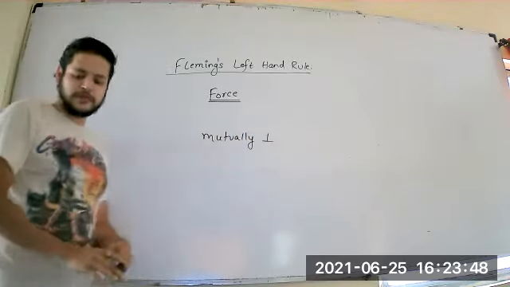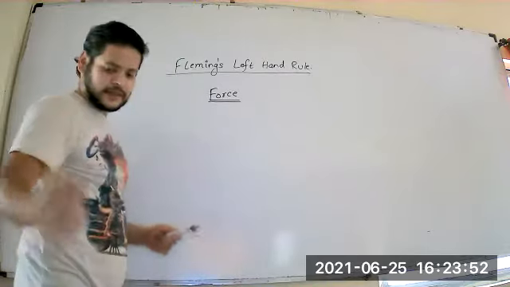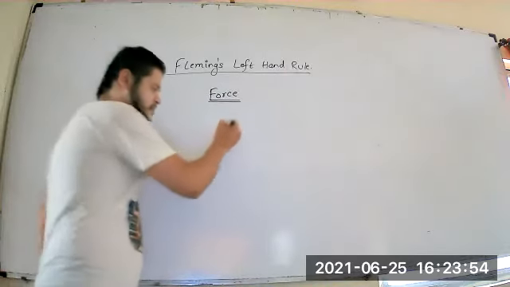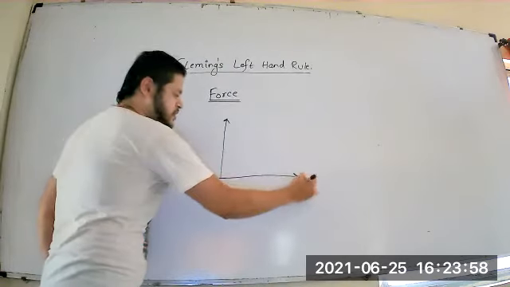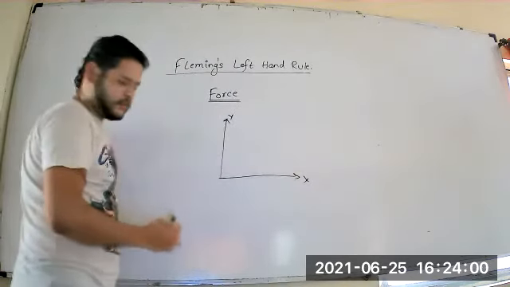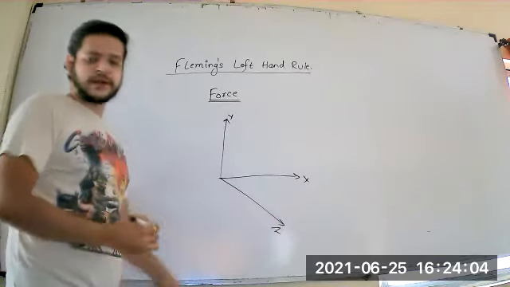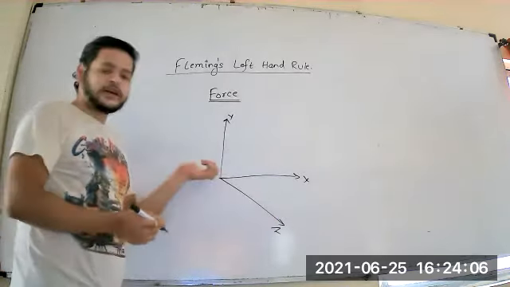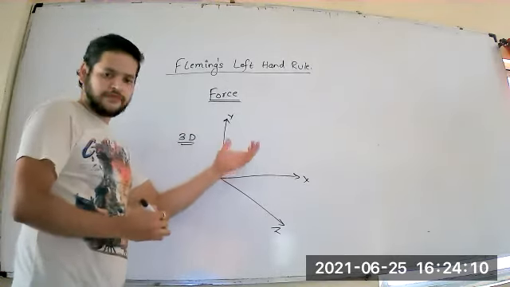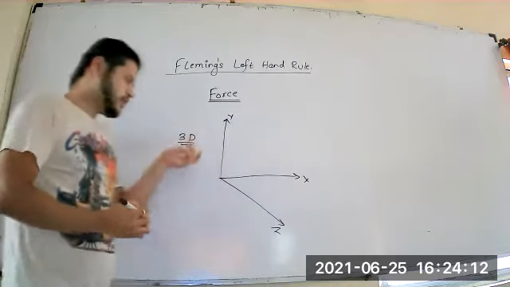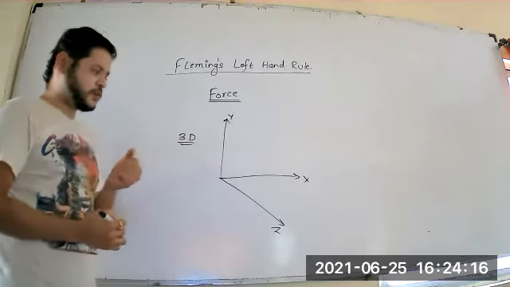Okay, now what does mutually perpendicular mean? We all know that there are three basic axes. Till date in your graph paper we have only seen x and y, but there is also the z axis, the third dimension, which we call 3D. The graph paper which we use is 2D. When we add this third dimension, it becomes a three-dimensional object.